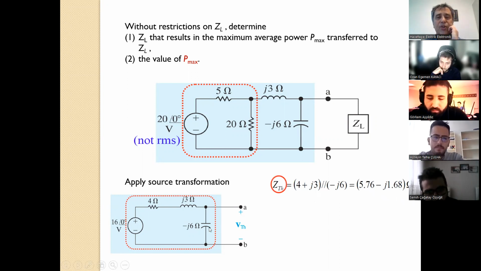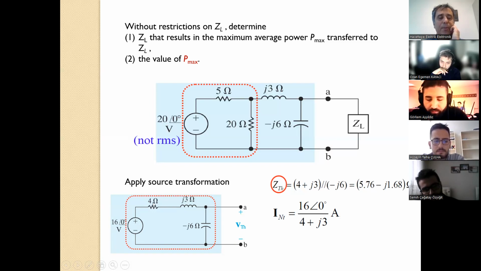impedance in the circuit. You can find the Norton current, which is the short circuit current here. It is just a plain division: 16 divided by 4 plus j3 for the short circuit current.